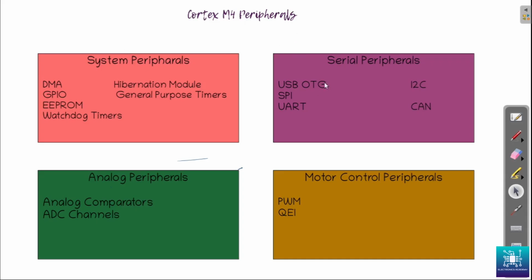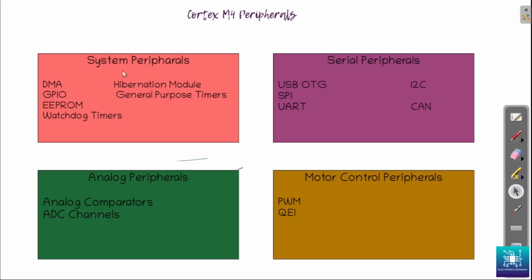Now, this is a general diagram of the Cortex-M4 peripherals that you can have. That is, you can have DMAs, GPIOs, EEPROM, watchdog timers, and so on. This is general, not for this particular processor, but just an overall diagram, and I've segregated it into different peripheral classes.